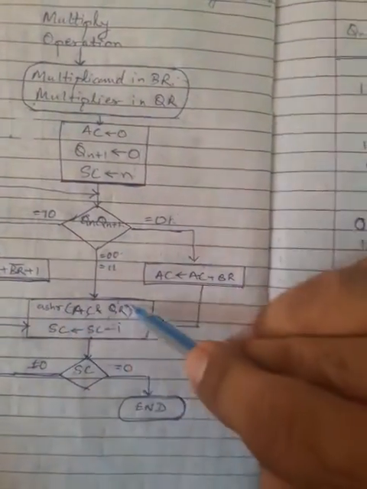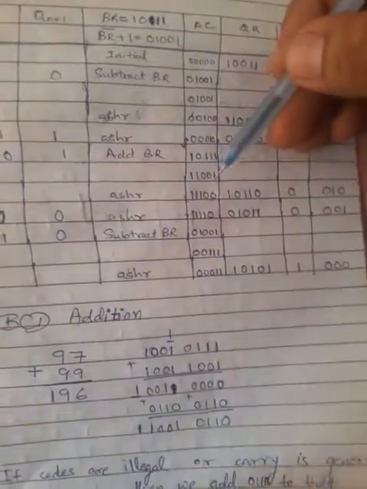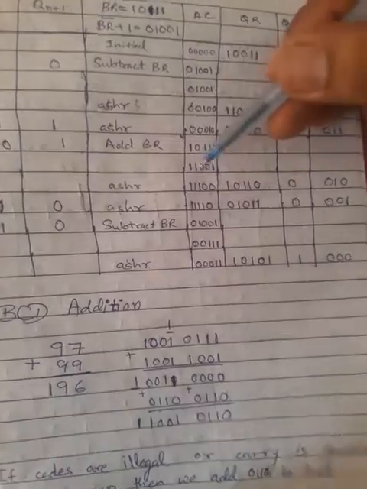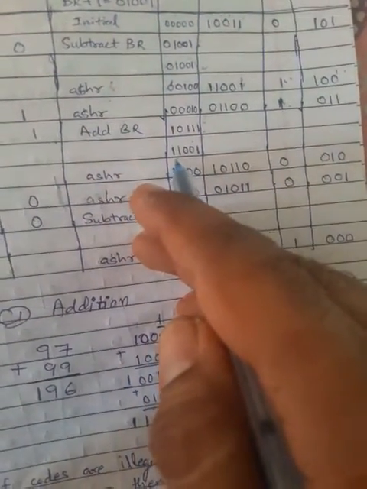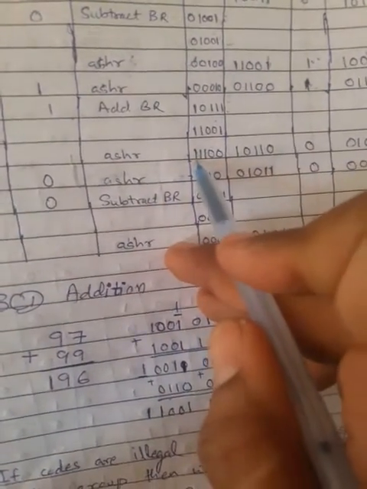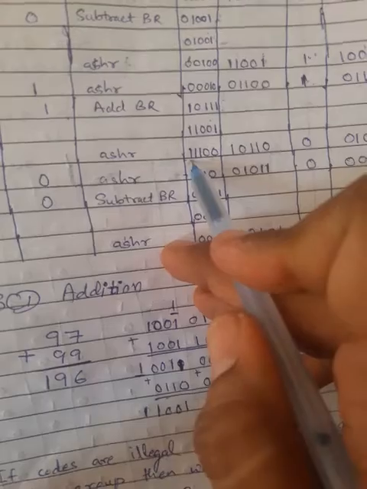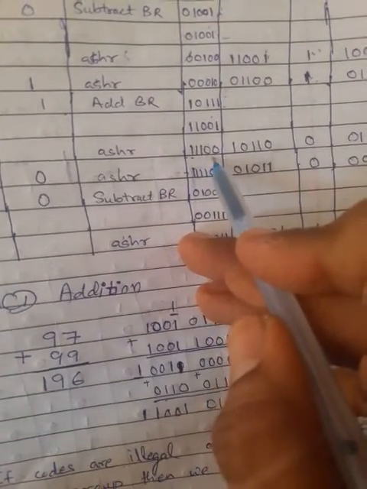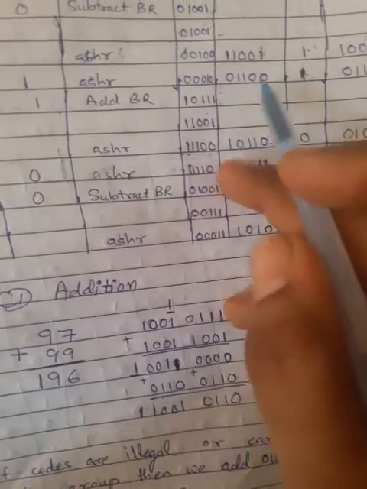And after adding, we have to shift right between AC and QR. So here AC is this and QR is this. Here we have to shift right, and as we are seeing the starting digit is 1, for arithmetic shift right the serial input will be 1 now. So 1 1 1 0 0, and this last one will be shifted to the next here.